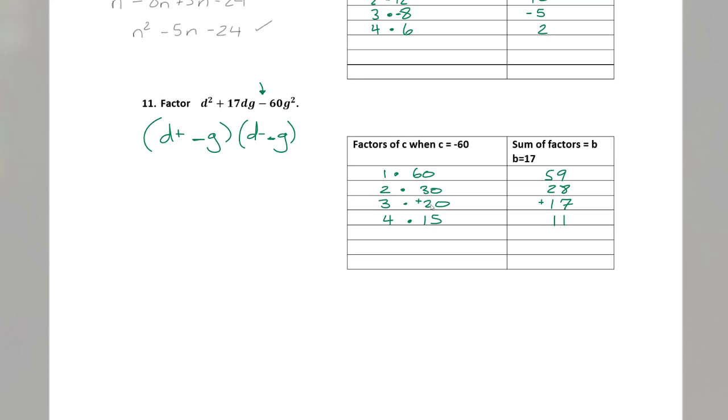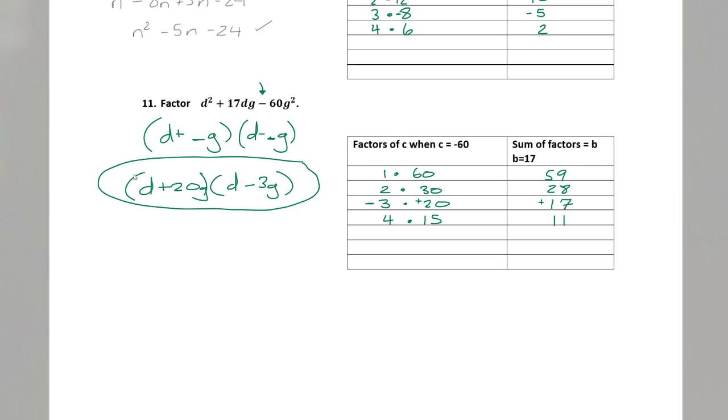We want a positive 17, so the higher number gets the sign, the plus. So negative 3. So we'll have d plus 20g, d minus 3g. So this will be our answer.